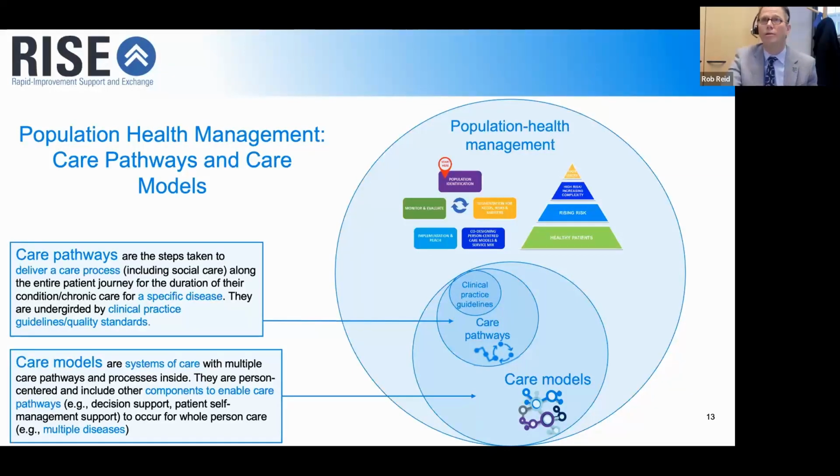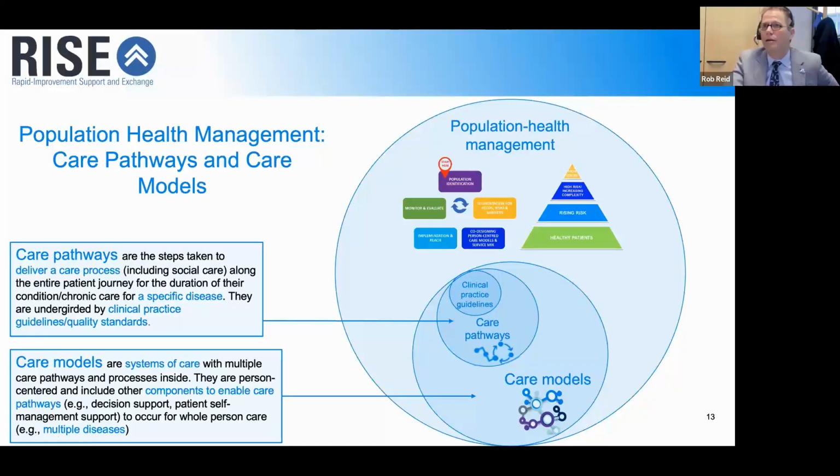And with chronic illness, they have no end to their condition. And remember that the care pathways are always girded by clinical practice guidelines that we agree to, and by clinical standards, for instance, from Ontario Health.